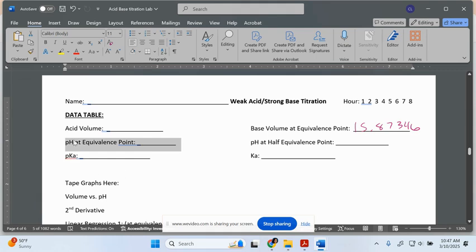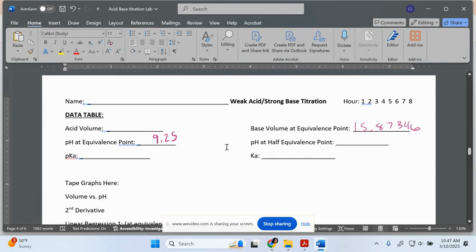Does anybody need me to show you how to do a linear regression again to get the pH at equivalence point? Okay. So the pH that I'm going to be using here is 9.25.